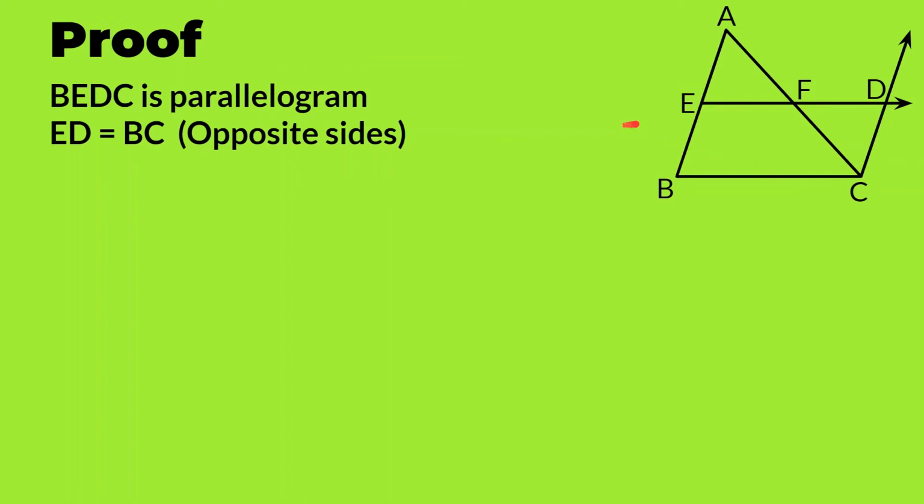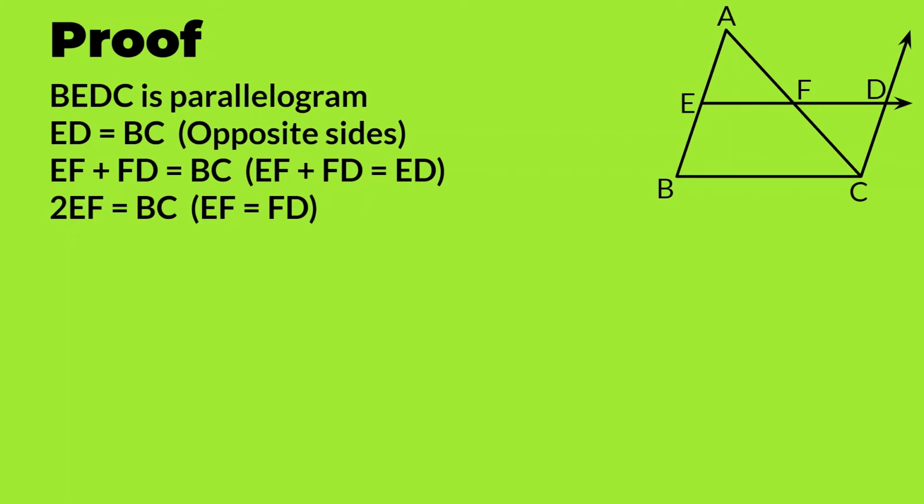But EF plus FD is equal to ED, that is, ED is formed by EF and FD. But since ED is equal to BC, we can write that EF plus FD is BC. But since EF is equal to FD, which we have already proven, 2EF is equal to BC. So EF is equal to 1 by 2 BC, which is exactly what we required.